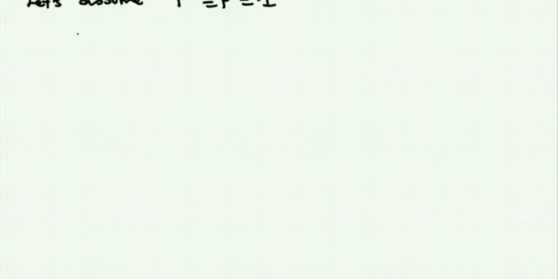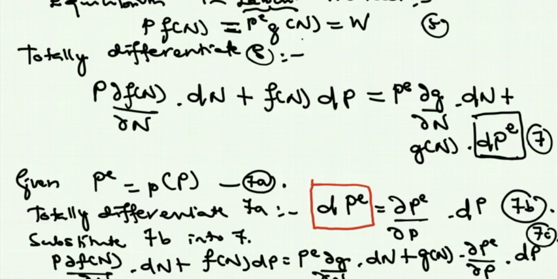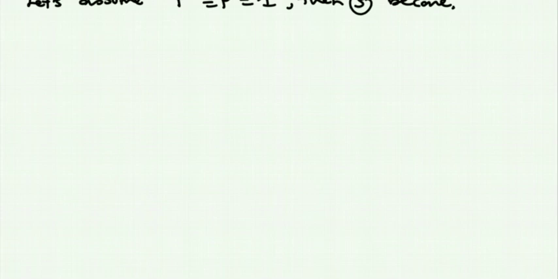Then 5 becomes, you see 5 here that I wrote earlier, this is 5. This is price 1, this is 1. So what happens? It becomes Fn equals to Gn, isn't it?